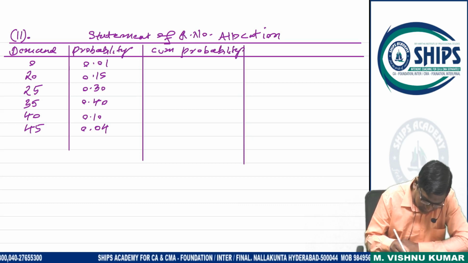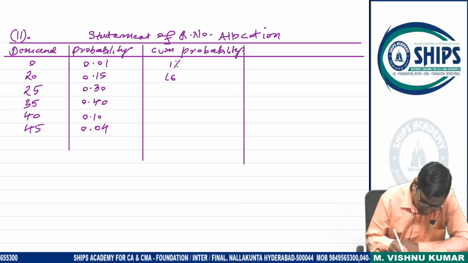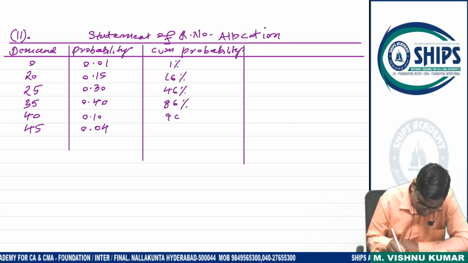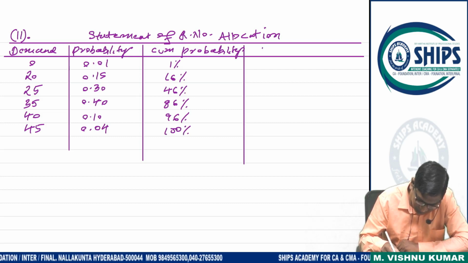So cumulative probability, first 1%, random number. First what will come?